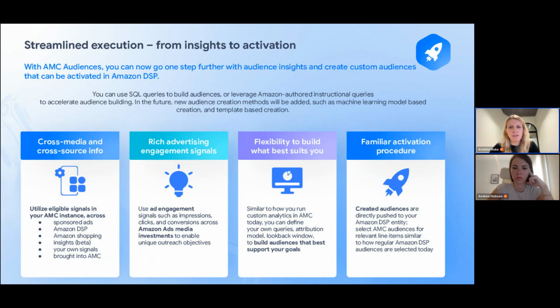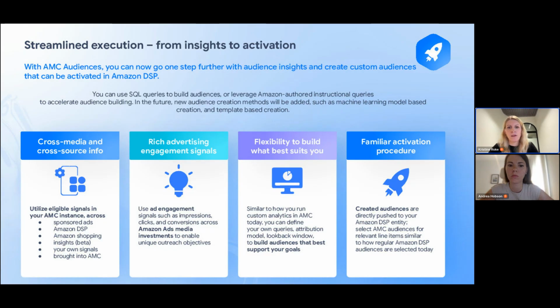So with AMC audiences, we can take everything we've learned through analysis and put it into practice. The same insights that identify our best performing segments or media combinations, now we can use them to build and activate those audiences directly in the Amazon DSP.